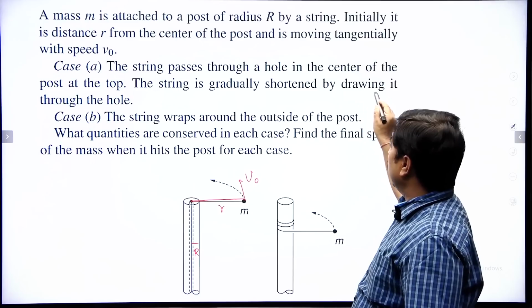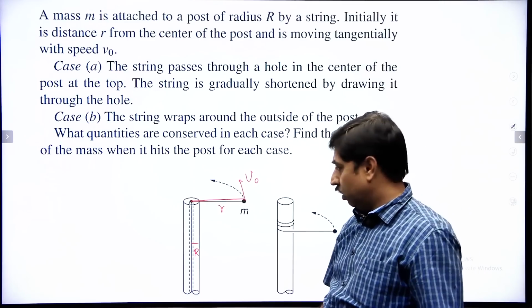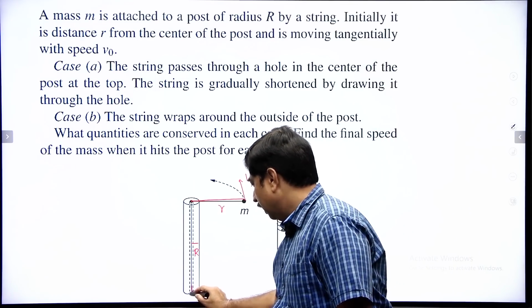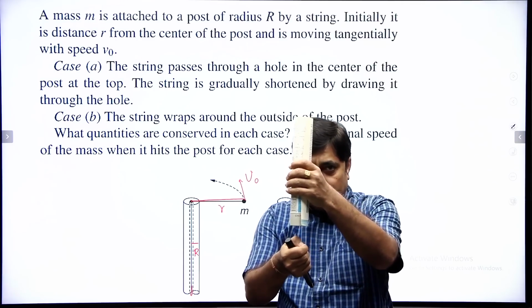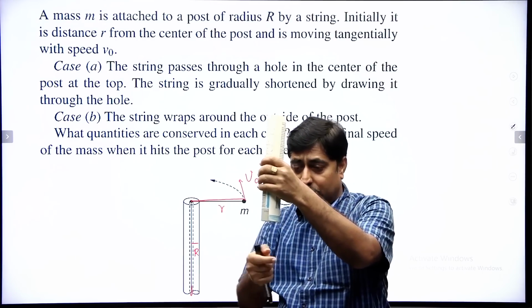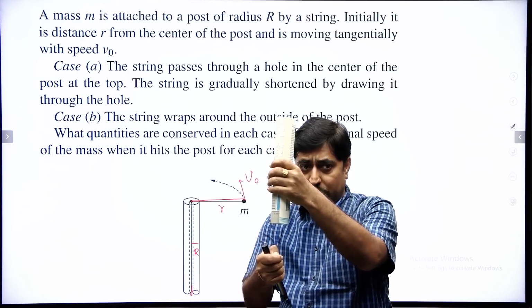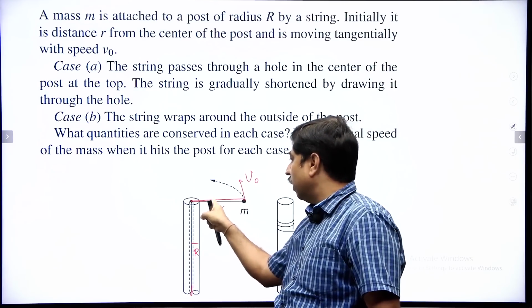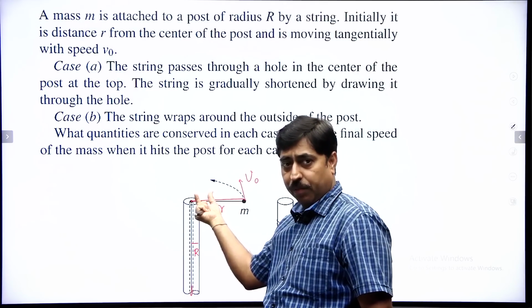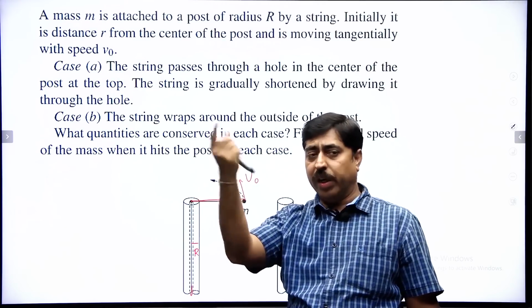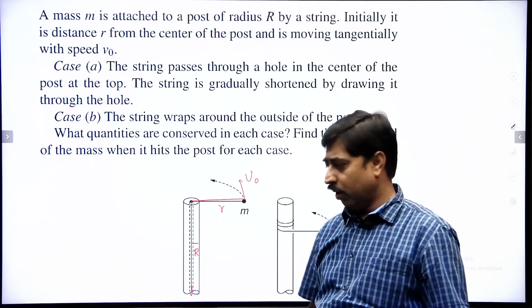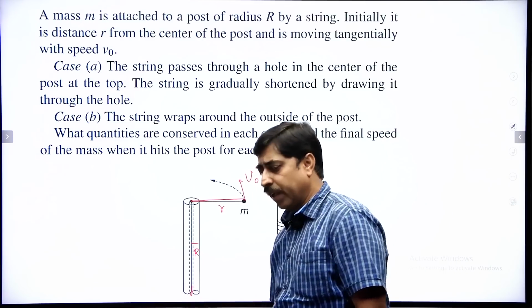The string is gradually shortened by drawing it through the hole. Now this string is passing here. If somebody goes and just pulls the string gradually, the word is gradual, as you gradually pull, this string will get smaller in length. So this mass is initially rotating with some initial speed v naught, and you start pulling this string down.